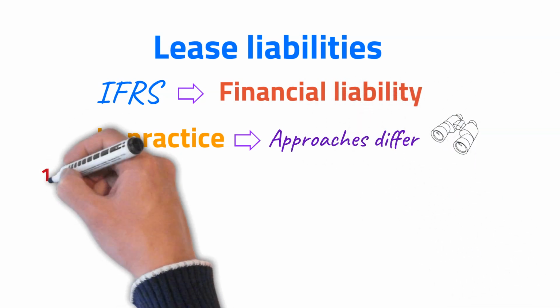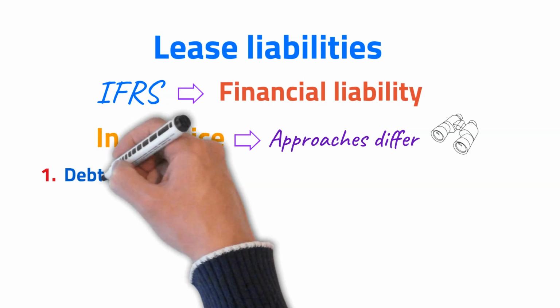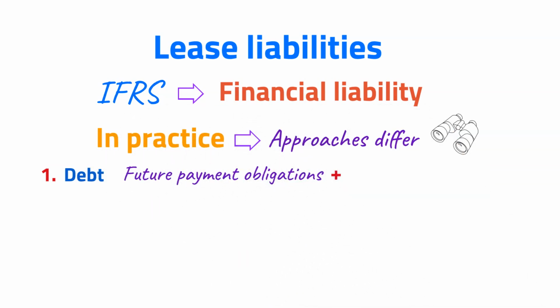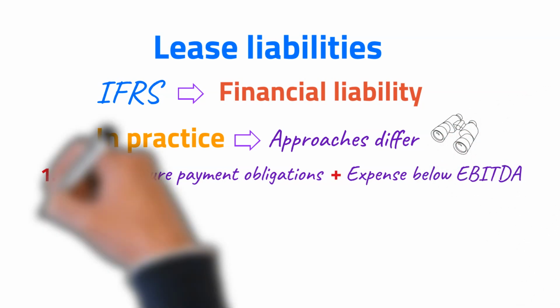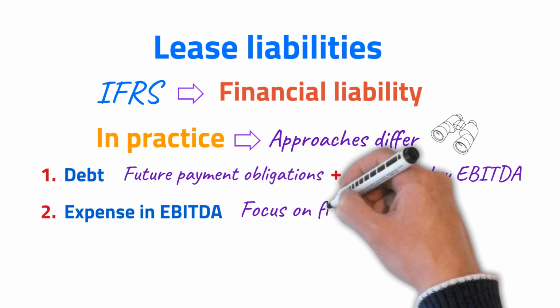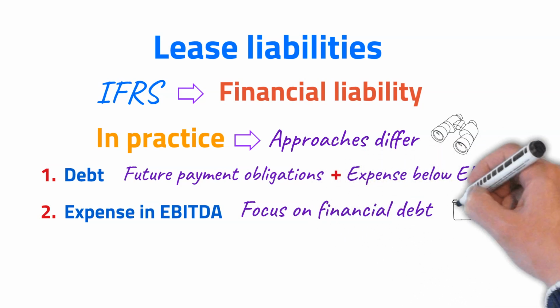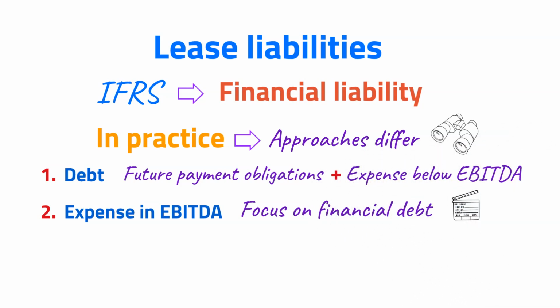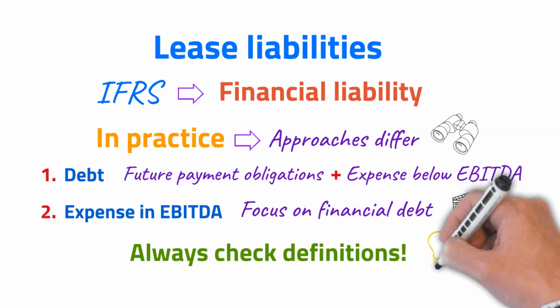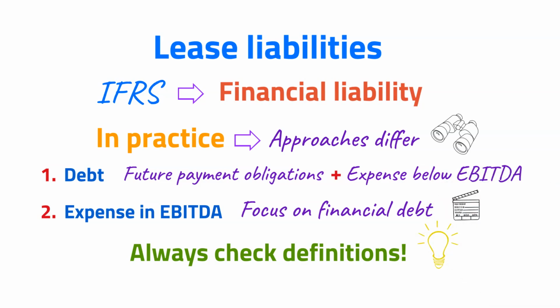Sometimes they are included as debt because they are future payment obligations and are not part of operating expenses in EBITDA. Sometimes they are excluded to focus on financial debt. We will discuss the topic of leases in later videos. It's an interesting and an important one. All this means net debt can vary depending on methodology. So, always check the definitions.